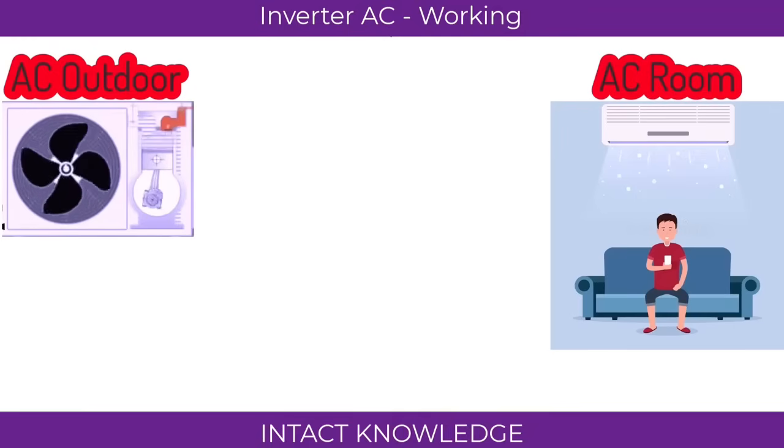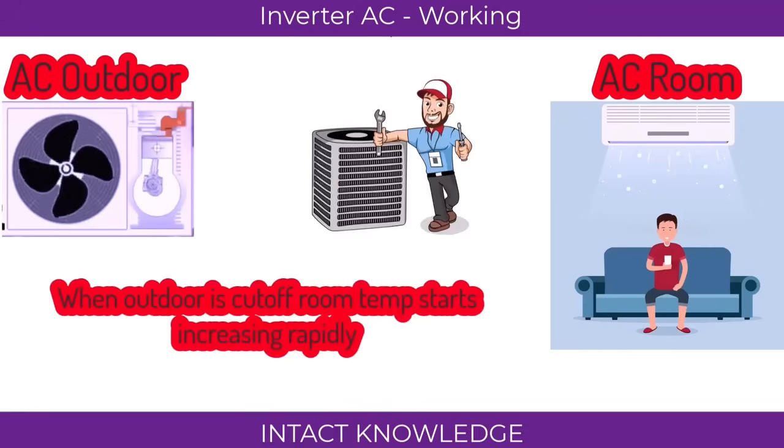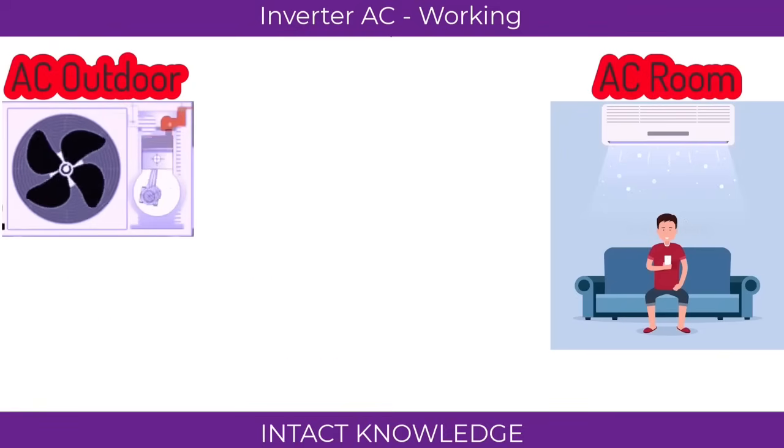As we have already said, in normal split AC, when the room temperature reaches the set point, the outdoor unit will be cut off. When the room temperature again exceeds the set point, the outdoor unit starts working. When the outdoor unit is cut off, the room temperature starts to increase rapidly.